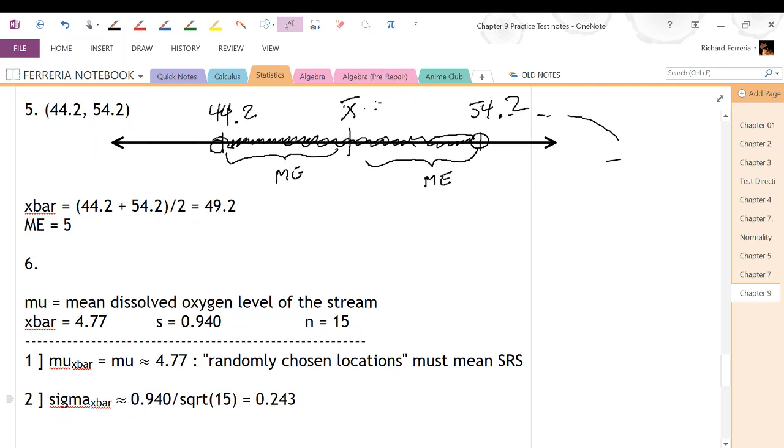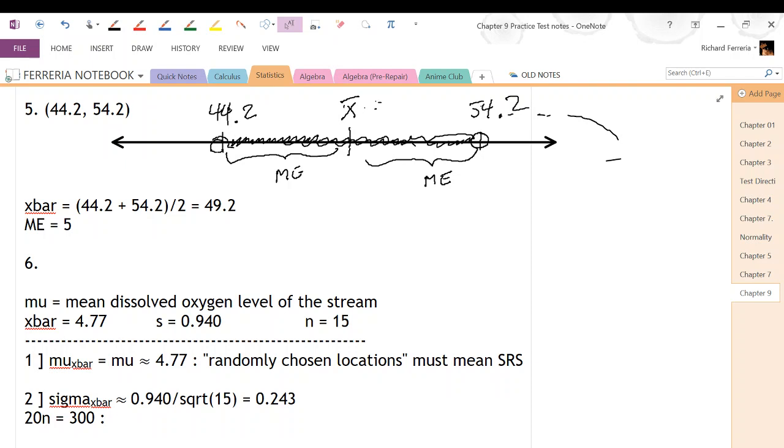Do we have a condition here for this standard deviation? Yes, we do. Good. 20n equals 20 times 15, which is 300, yeah? Okay. Do you know how many locations there are along the river?